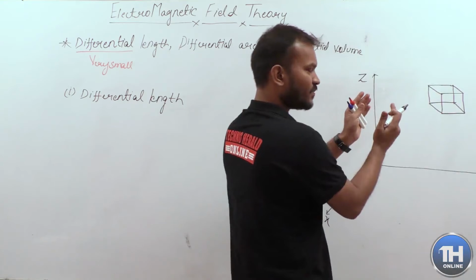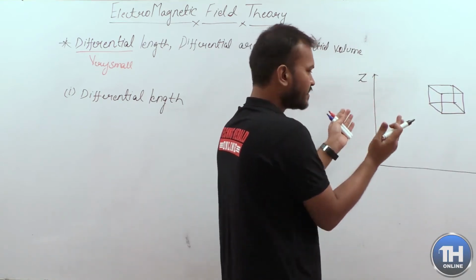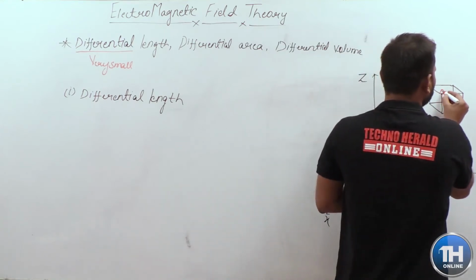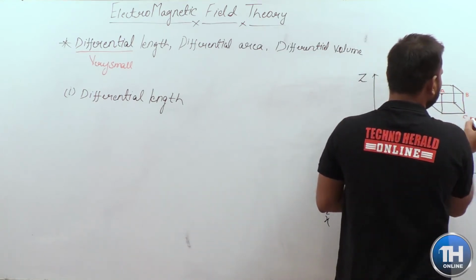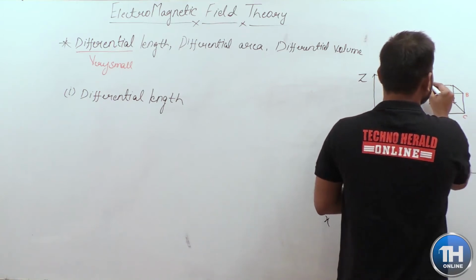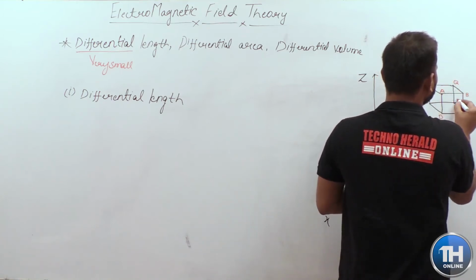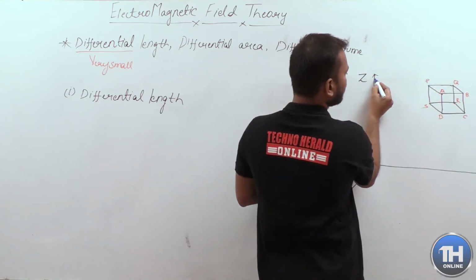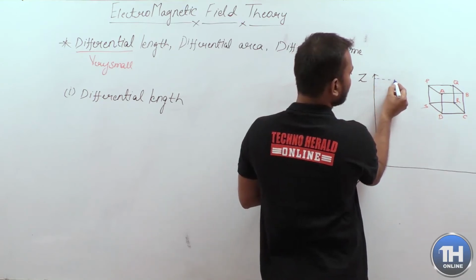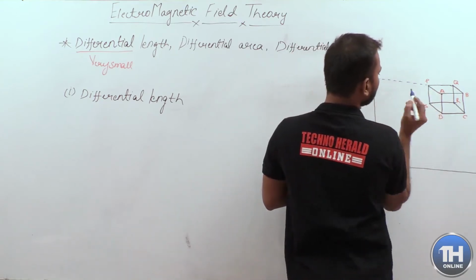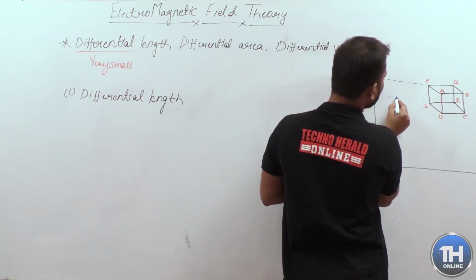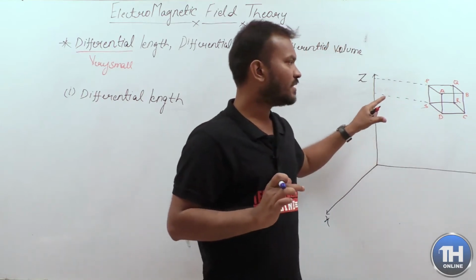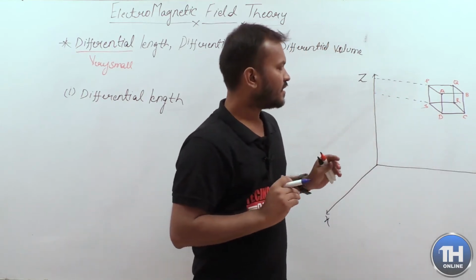This is a small cube that I have taken in space. Let's name the points A, B, C, D and P, Q, R, S.